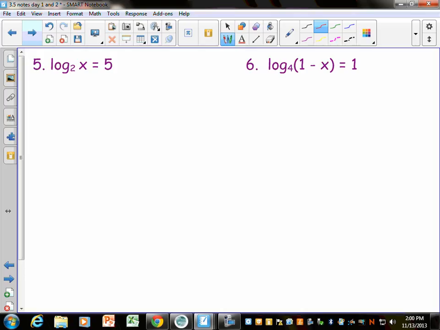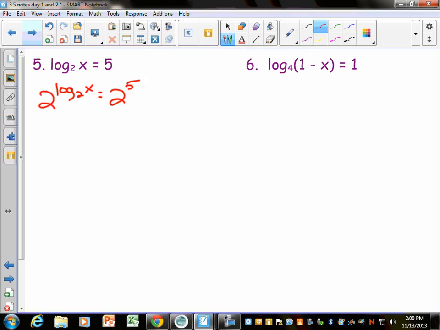One way is we can do just like we did with the ln. To get rid of ln, we e both sides because that's the base on ln. This is log base 2. So to get rid of this, it's not as fun to say, but we could 2 both sides. You can make both sides 2 to the log base 2 of x, and then 2 to the 5th on this side.